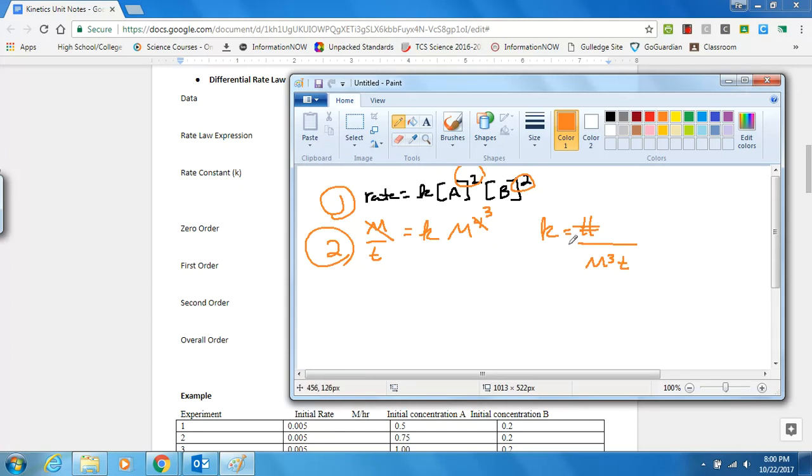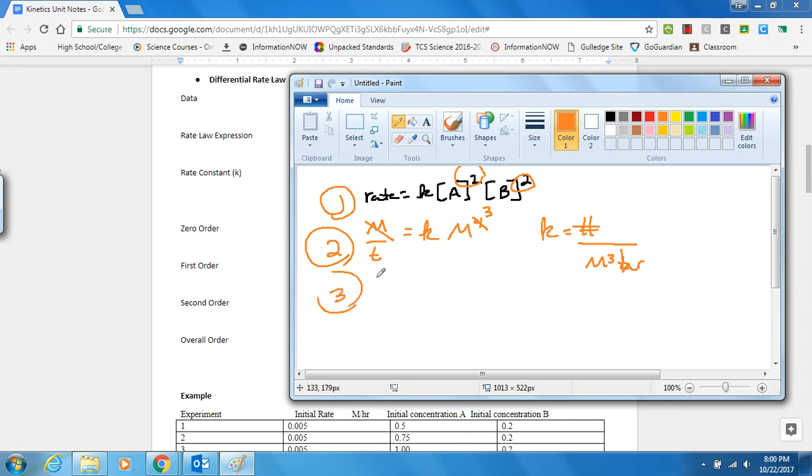It's some number over your molarity raised to the overall order minus 1, because we're eliminating 1, right? Times your time unit. So what would I find for my time unit? I would have to look at my data table. In this case, if I was looking at this experiment below, my time unit would be in hours. So be careful of that.